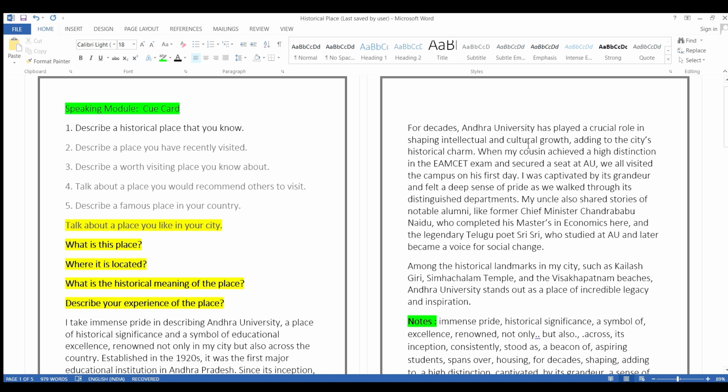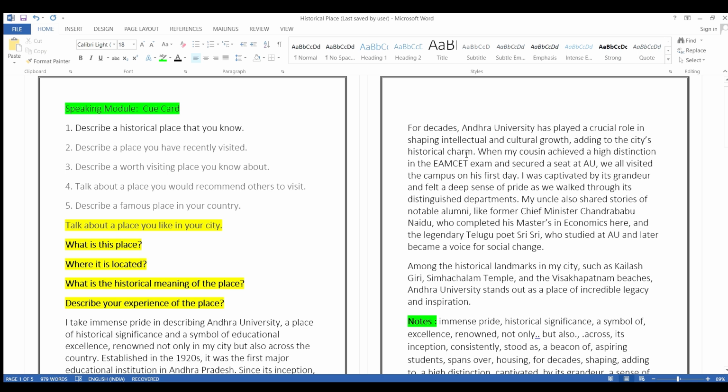The cultural growth. Because at an educational institution, there are a lot of extracurricular activities. So extracurricular activities signify the culture of that particular city, or maybe the cultural background of all the students. So the cultural growth is happening there. So that's the reason it is shaping intellectual and cultural growth. And what more? Adding to the city's historical charm.